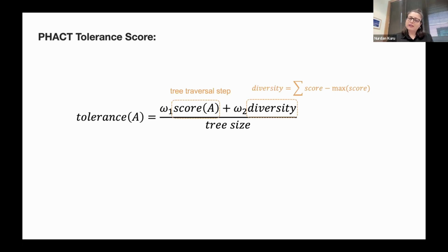So we try to combine the individual level score of amino acids plus position dynamics by using diversity over tree size, because definitely there will be a bias through the tree. Like if there are more nodes, the collected amount of score might increase. That's why we balance the score, we normalize the score with respect to tree size. So that is the FACT tolerance score for any amino acid A.